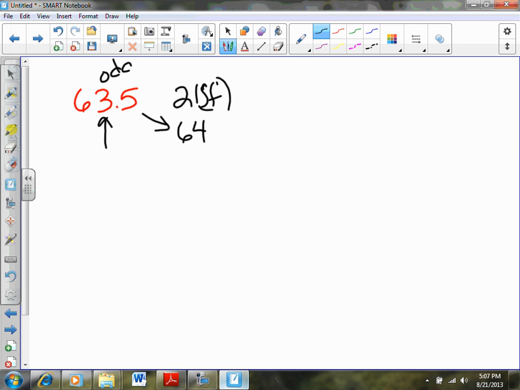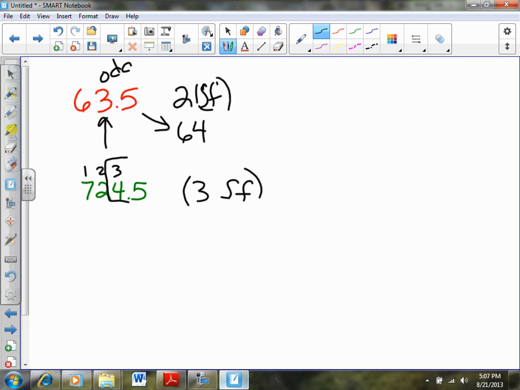Here's another example. I like being colorful. 724.5. And I want to round this number so that it is 3 sig figs. That's what I want to round it to, 3 sig figs. So that means 1, 2, 3.